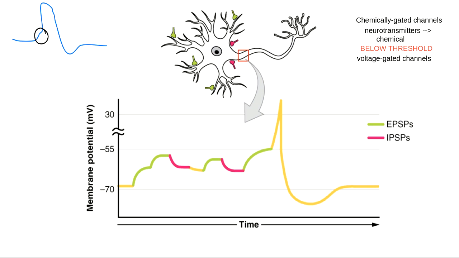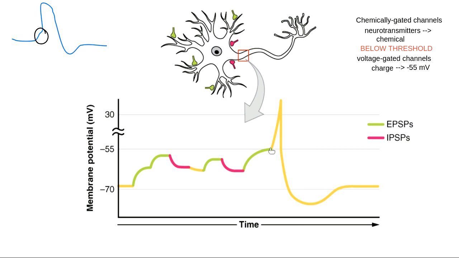And remember that voltage-gated channels open up with charge changes. That's how voltage-gated channels open, because of charge. It has to be different enough from normal for these kind of channels to open up. And the charge that I have to get to be different enough from normal is negative 55 millivolts. I have to hit threshold.